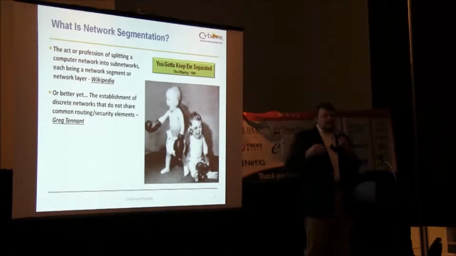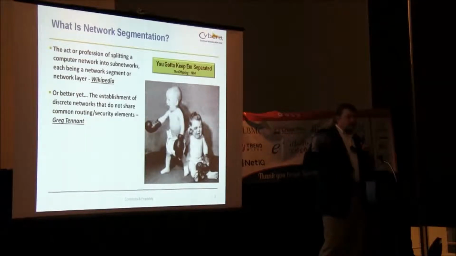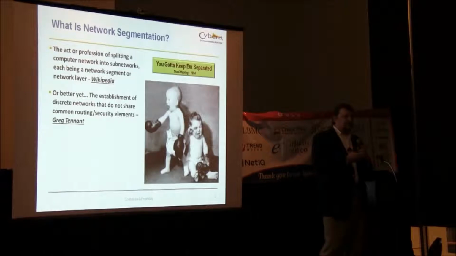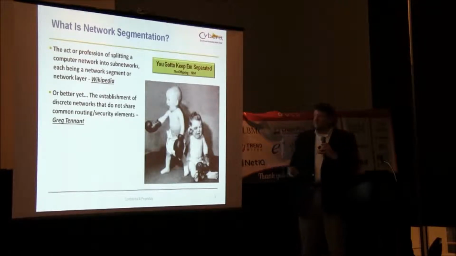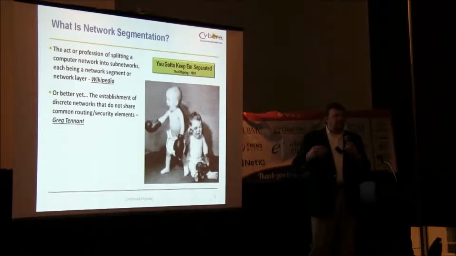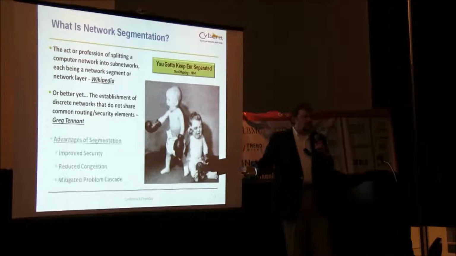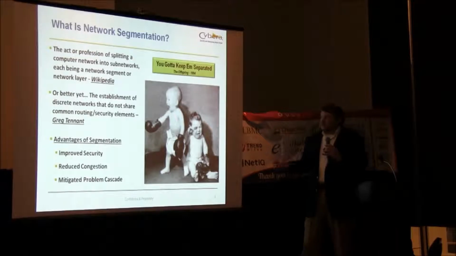And that can be accomplished in a variety of different ways. The reason I say that is, as we go through the presentation, it's those common shared routing and security elements that are serving as the basis of lateral breach propagation and vertical breach propagation in the network. So I think something needs a little bit more, and we need to really reshape the way we're thinking about segmentation to begin with.